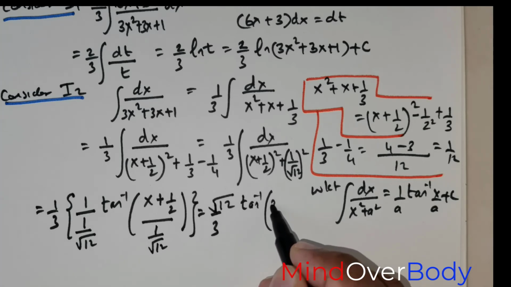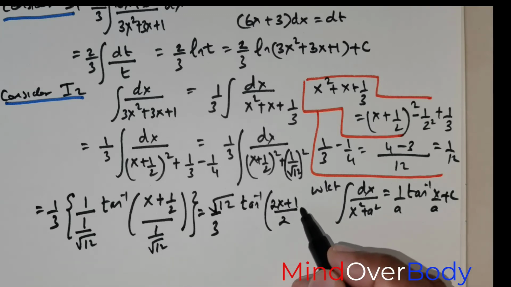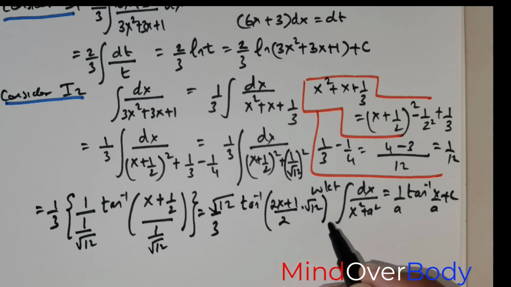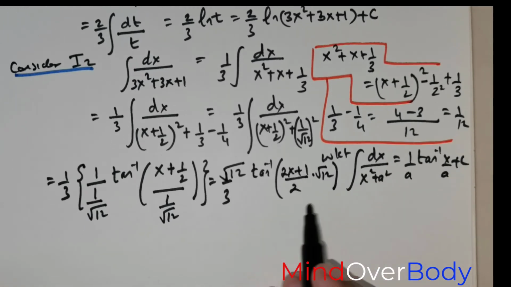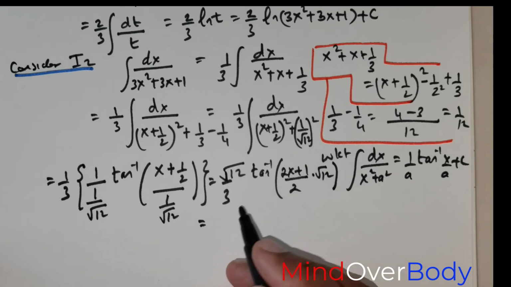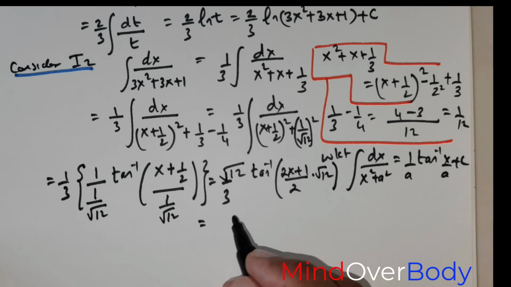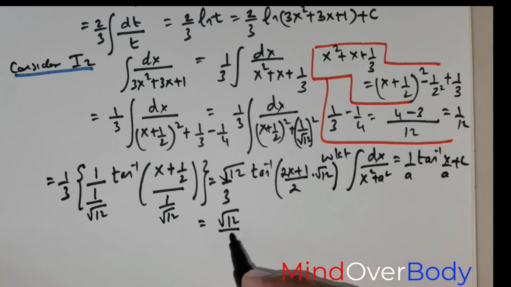So this is going to be 2 times x plus 1 over 2. I can push this root 12 to the numerator. Now I'm not adding this c as yet. If I can simplify this, let's just retain it as it is for now.